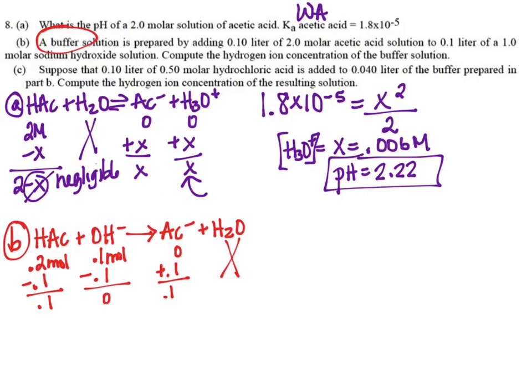Which means we need to use pH is equal to pKa plus the log of our ion, which is AC, over HAC.